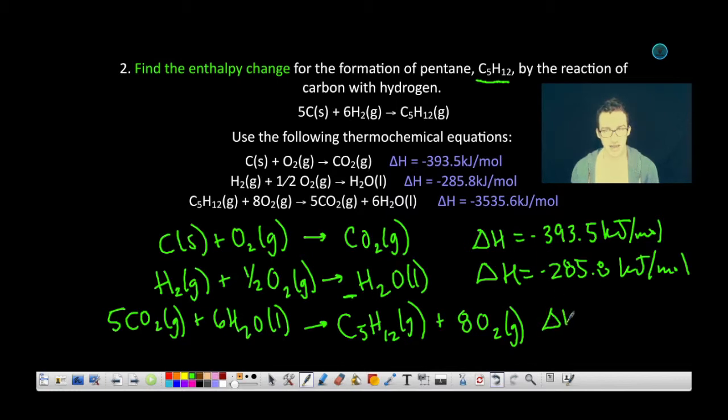Now, because I have reversed my equation here, I'm going to change the sign of my enthalpy change from negative to positive.